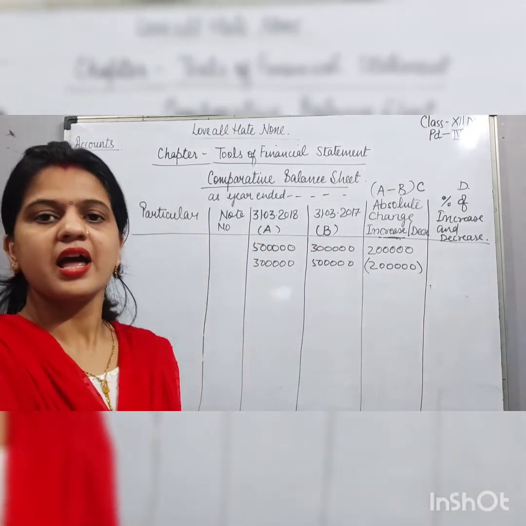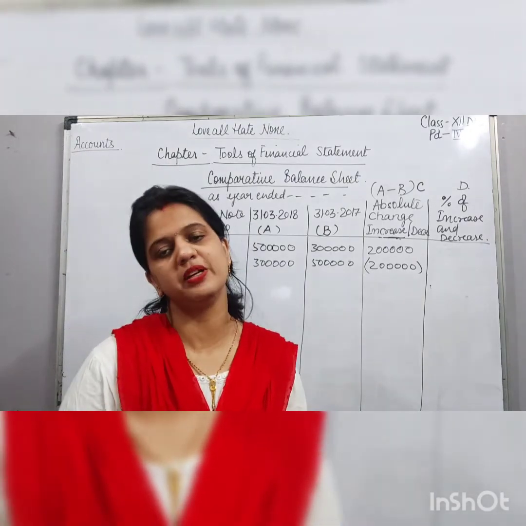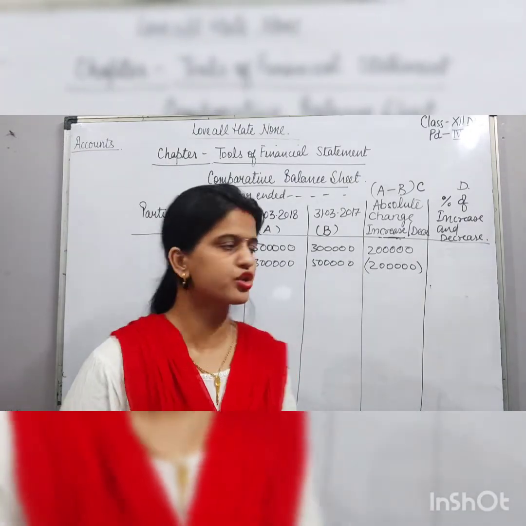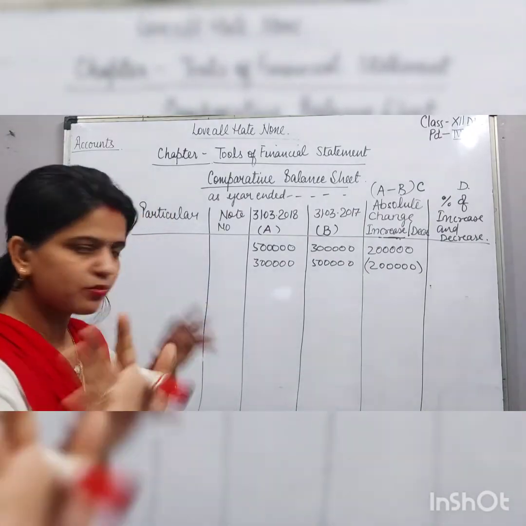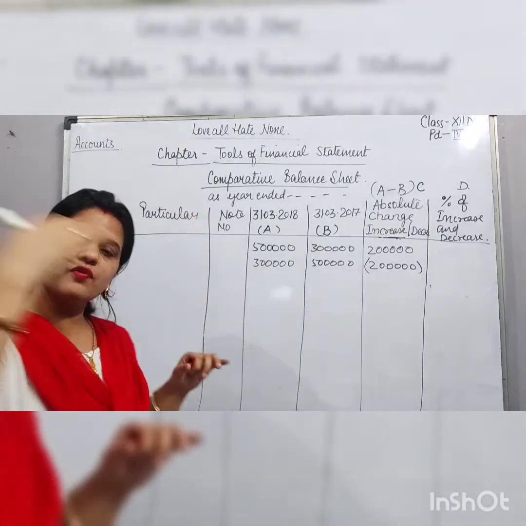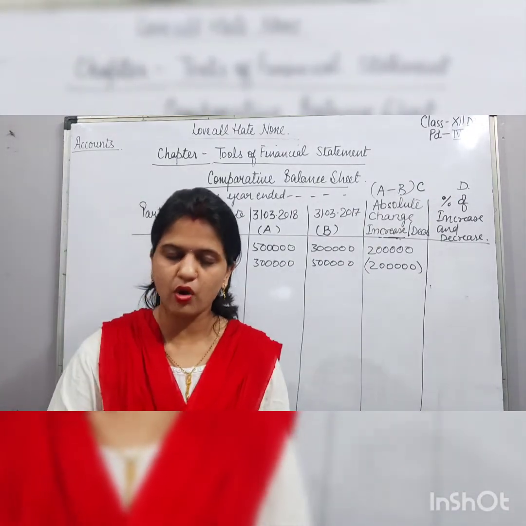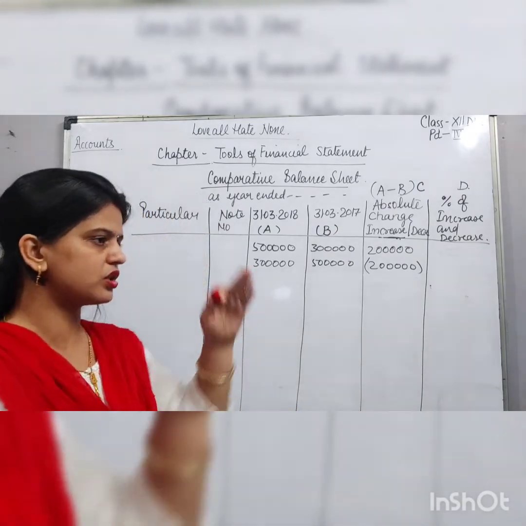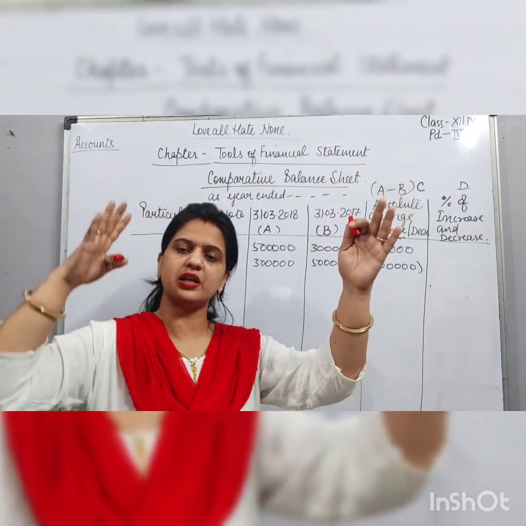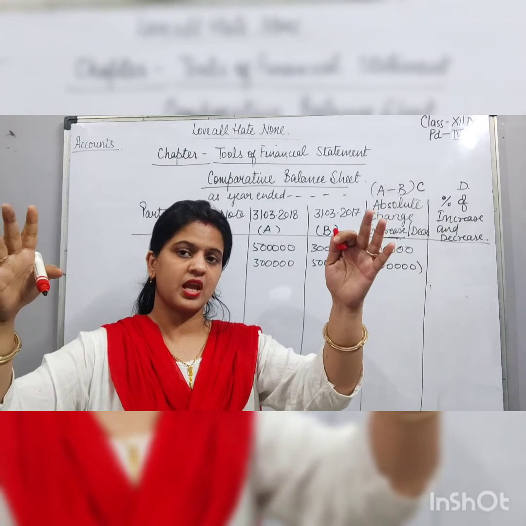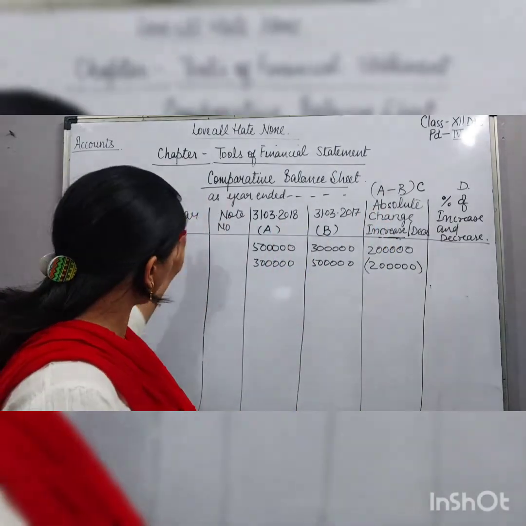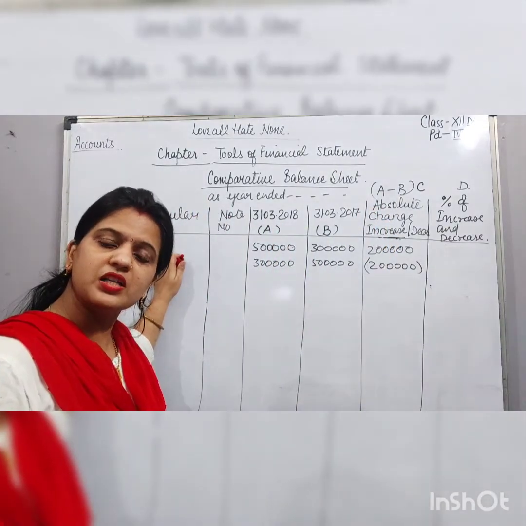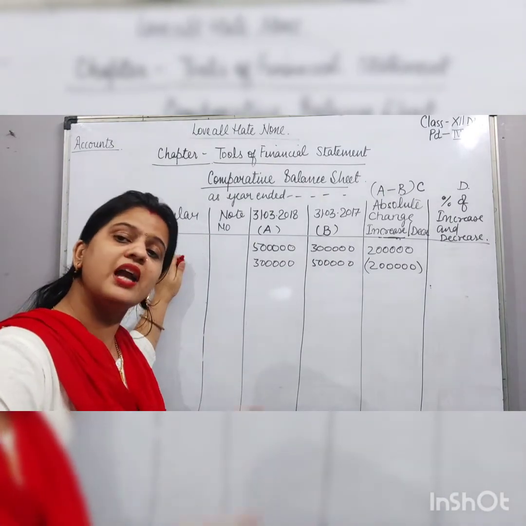This is the format, and in our next class we will discuss the practical question. One more thing I want to tell you: in the horizontal format there were two sides, one side liabilities and the other side assets. Here, on one side liabilities will be written, and on this side the assets.